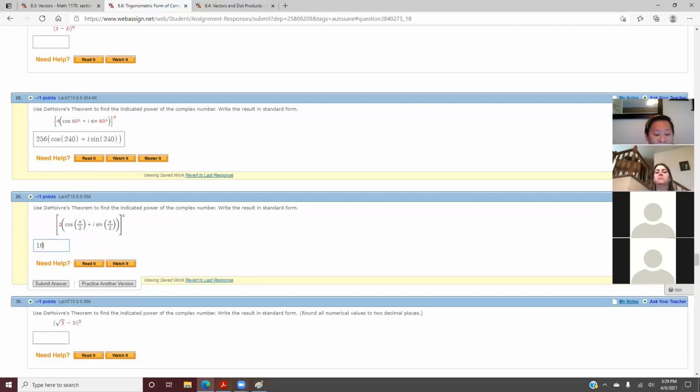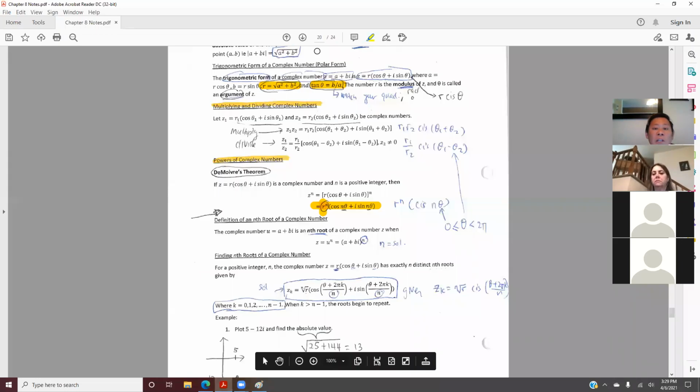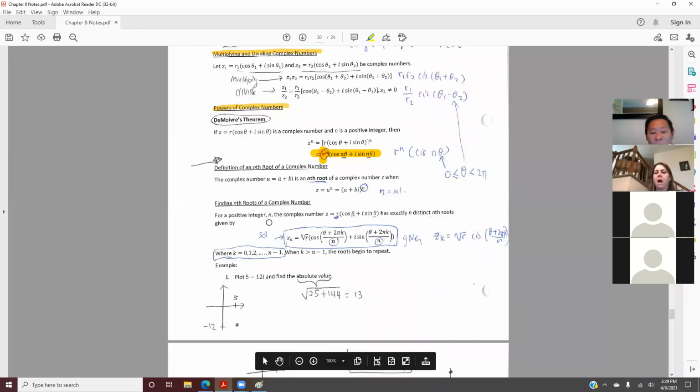The last formula that I did not teach is what we call finding the nth root. This is given to us by this horrible formula. Yes, this is one icky formula here. This formula is to figure out the nth root of a complex number.